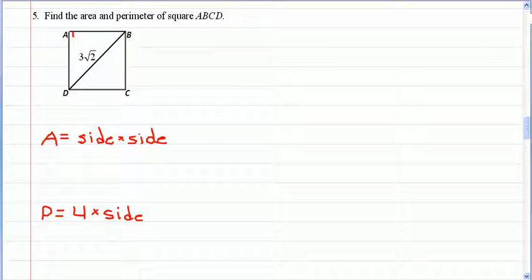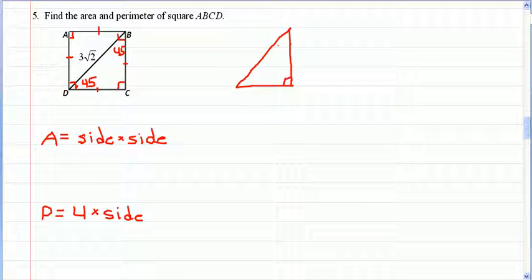And in a square, we know that we have 4 right angles and 4 equal sides. We also know that the diagonal divides the square into two 45, 45, 90 triangles. So that means that we'll need our reference triangle as the 45, 45, 90 triangle.